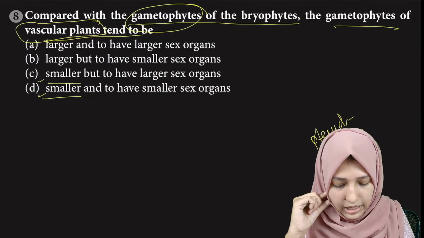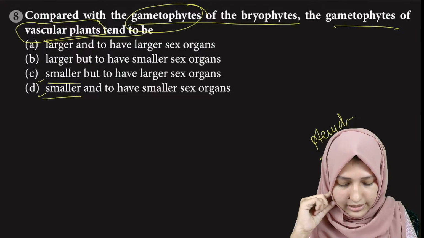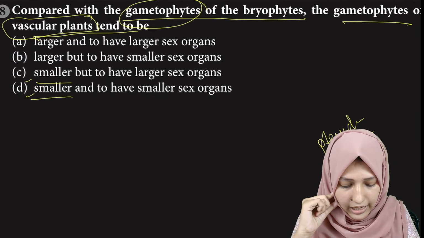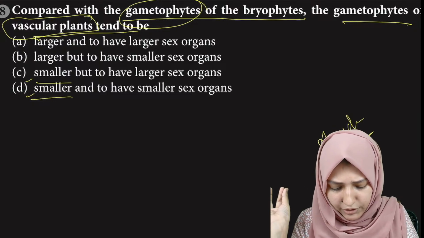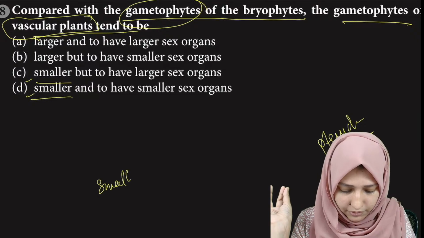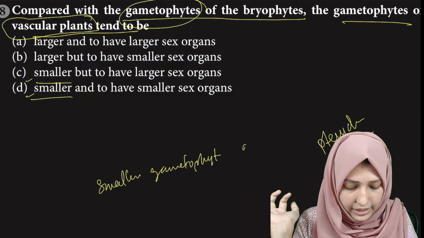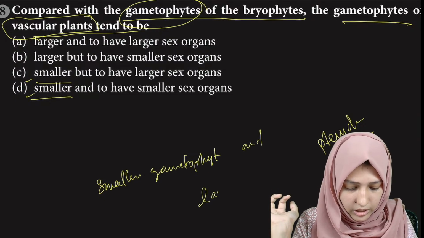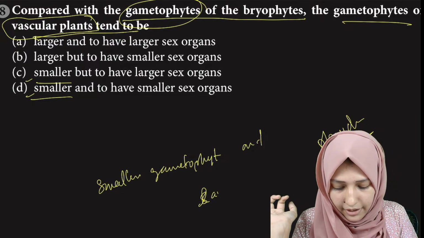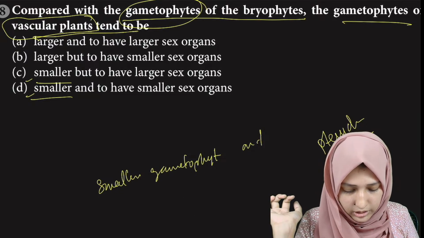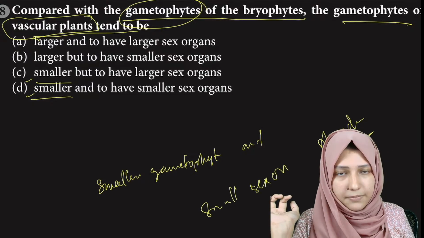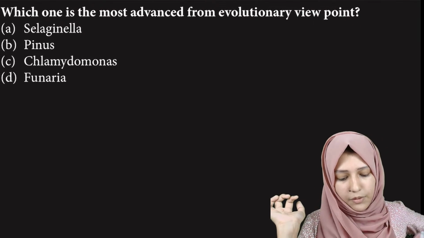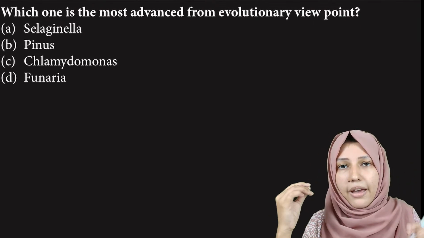So among these one is the answer, but larger sex organs or smaller sex organs? So the answer is that it will be having smaller gametophyte and smaller sex organs. Okay, clear?